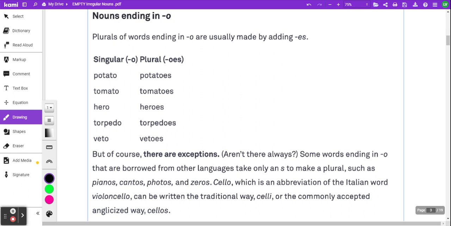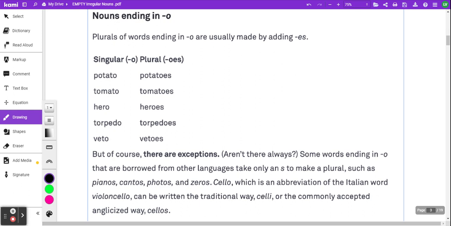Is that in Spanish? Torpedo? Torpedo es como misil que sale de las submarinas. Sale de un submarino y explota.